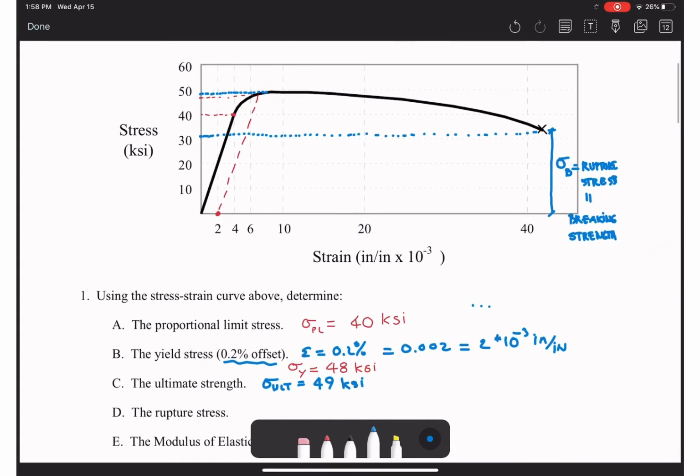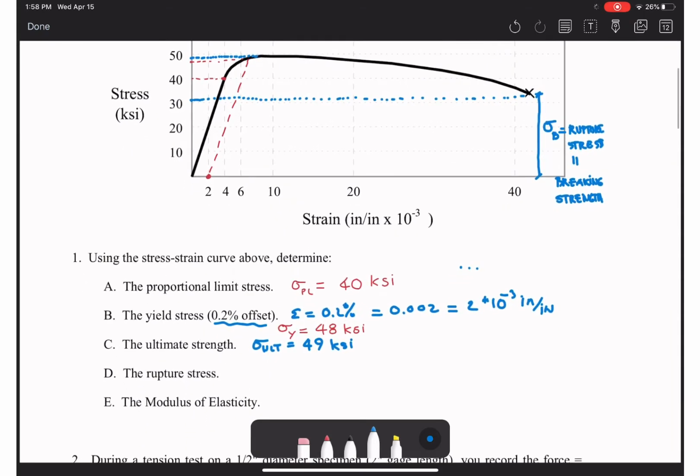It's about 32, 33. So let's make that sigma, the rupture stress. It will be sigma b equal to, or breaking strength, like I said, about 32 KSI. So it is all approximate based on the graph.